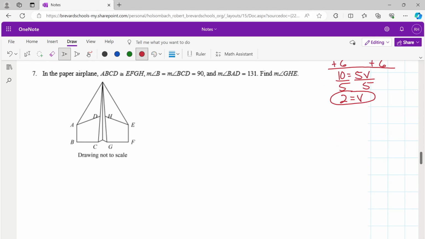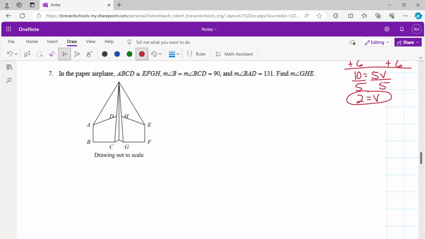All right, in problem number 7, you are told that quadrilateral ABCD on the left is congruent to EFGH.